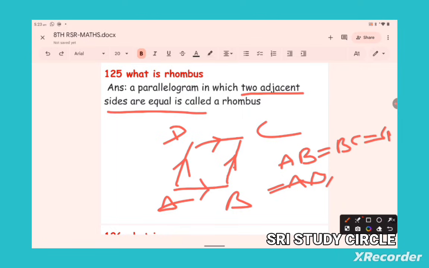Opposite angles are equal. Angle A is equal to angle C. Angle B is equal to angle D. All sides are equal, opposite sides are parallel, opposite angles are equal, is known as a rhombus.